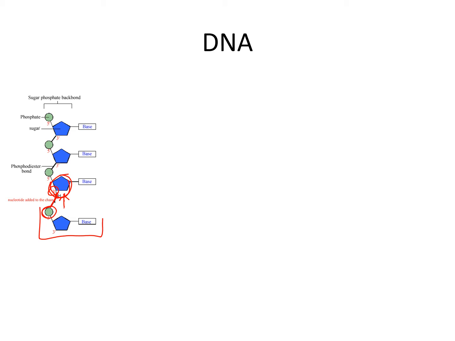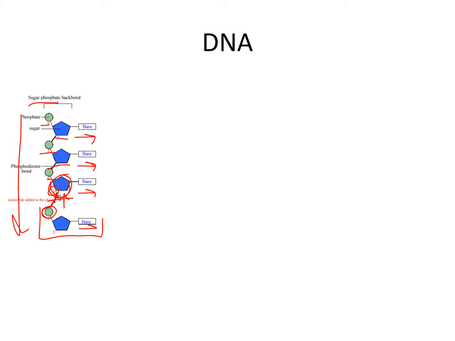So this is one strand of DNA, and here you have what we call a sugar phosphate backbone, because this long strand here is composed of repeating phosphate, sugar, phosphate, sugar, phosphate, sugar, and all the nitrogenous bases are sticking out in the center.